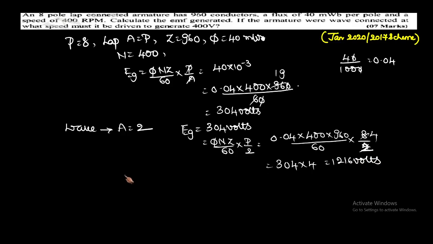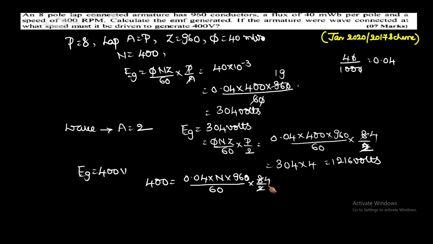Now, if the armature is wave connected, at what speed must it be driven to generate 400 volts? To generate 400 volts, phi is given as 0.04, N is what we are asking, with 960 conductors divided by 60 into 8 by 2.